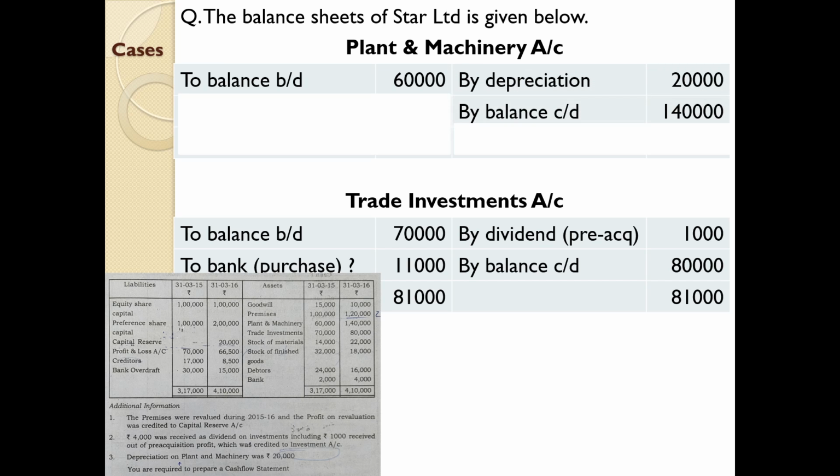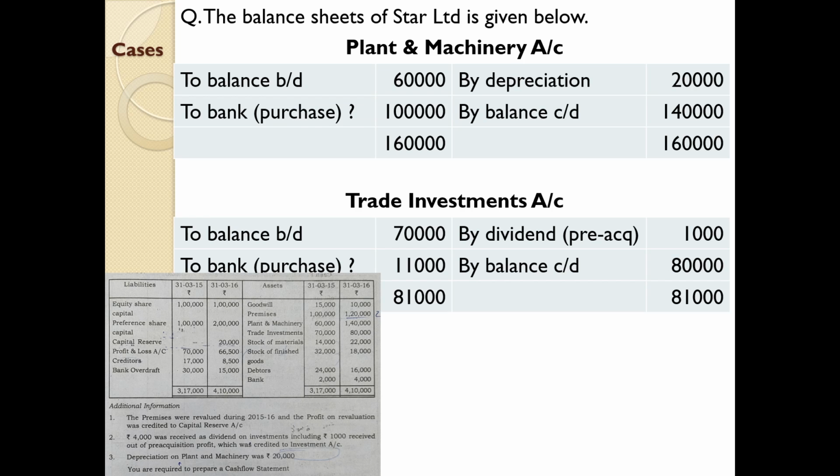After adjusting all these, we can see that the total amount of both sides is 1,60,000, because we have taken the biggest amount of the right hand side. So there is a difference on the left hand side that represents purchase. I hope you know all these steps, because we have done a similar pattern in the case of fund flow statement. So just go through it.